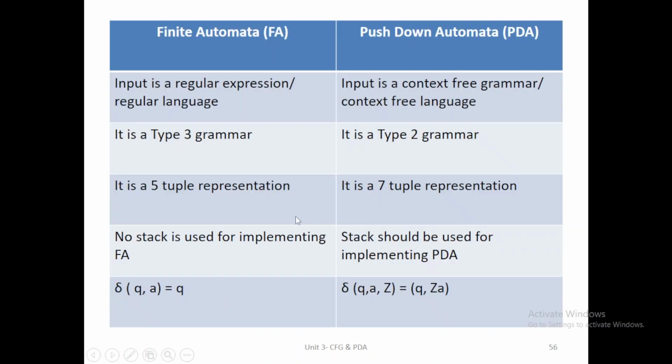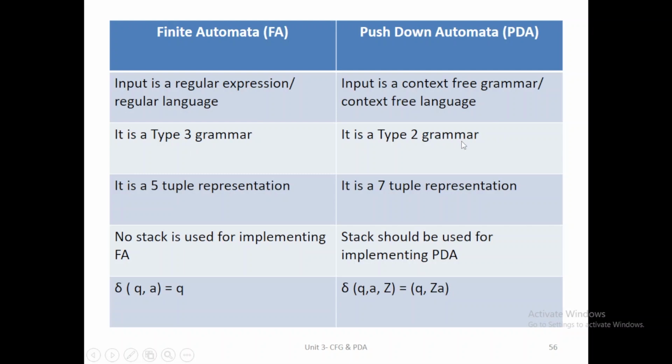And here I am giving the difference between finite automata and push-down automata. We already know the concepts of finite automata. The input for an FA is a regular expression or a language. But if you consider a PDA, the input is a context-free grammar or a language. A regular expression comes under type 3 grammar.